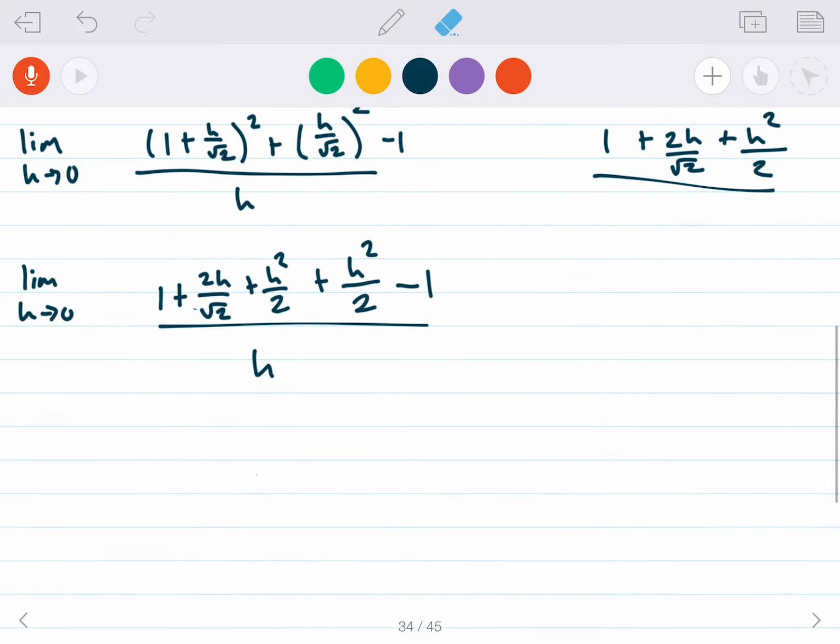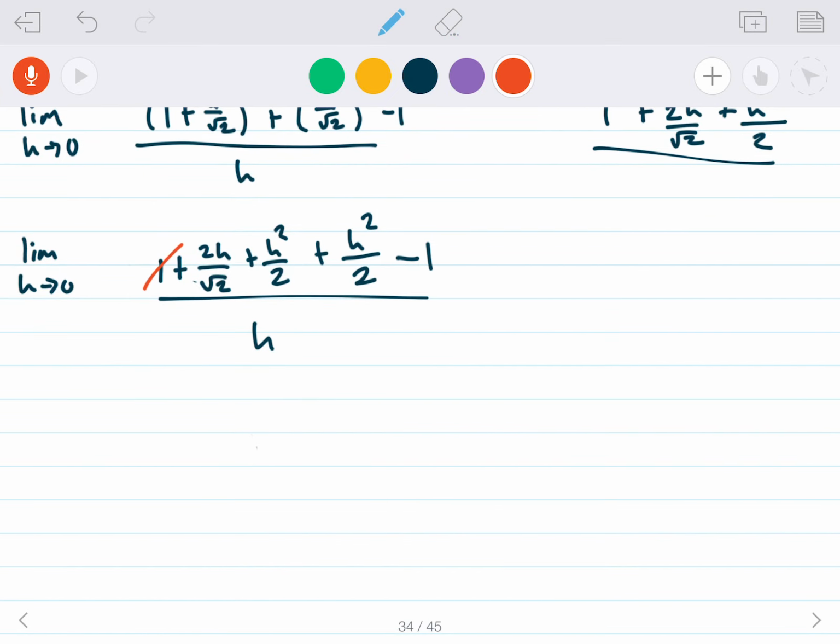That wasn't right. Okay. So again, these ones cancel. Let's go ahead and maybe we can even simplify before we pull out the h. So I have 2h over root 2 plus 2h squared over 2, which just becomes h squared, all over h.